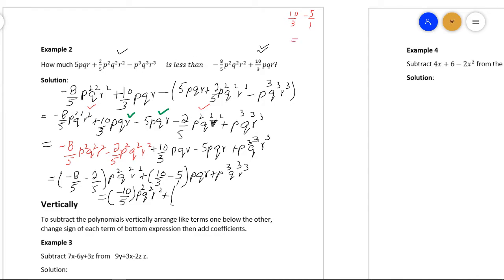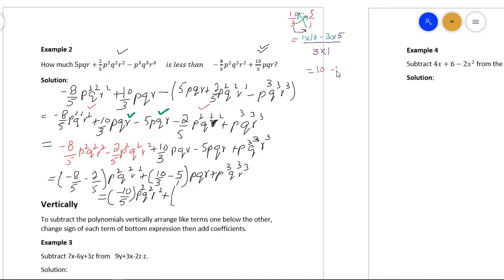Just multiply 3 with the opposite numerator, 1 with the opposite numerator, and write it in the denominator. 1 multiply 10 minus 3 multiply 5, and divide it with the product of denominators, which is 3 multiply 1.